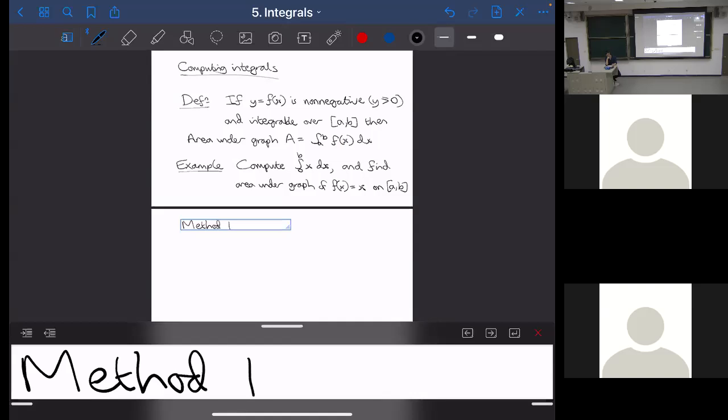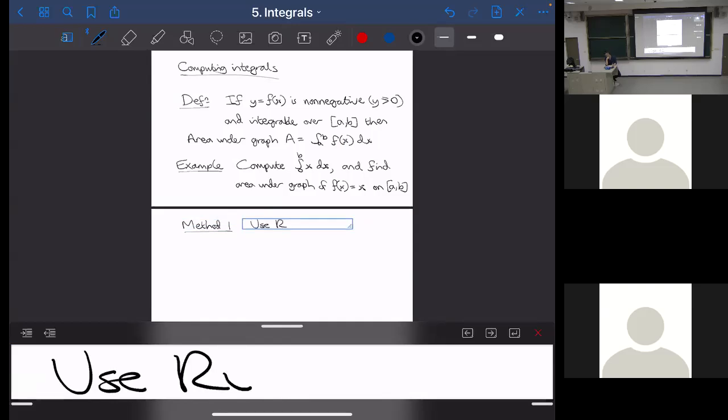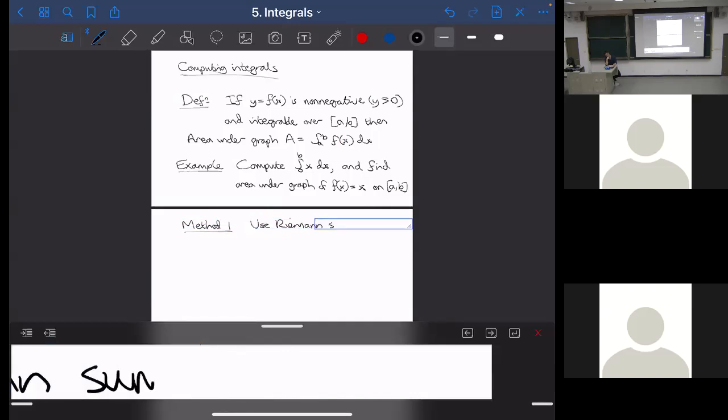So the first method is to use Riemann sums to calculate area.